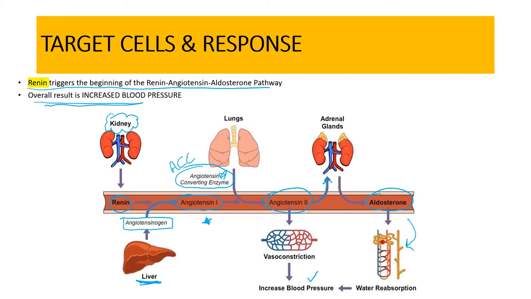Now, angiotensin 2 also acts on blood vessels, causing vasoconstriction, which again also increases blood pressure. So what is the overall result of renin being secreted? The overall result is we have an increase in blood pressure from many different areas.